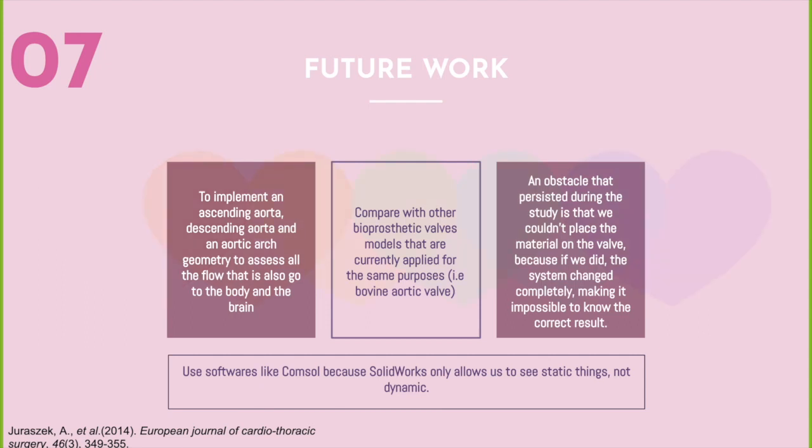For example, for the aortic arch, it's very important that we do not generate high shear stresses, although there is an area that has some shear stress, because the flow is going, for example, to the brain. And for the descending aorta, we need to see that there is also a pattern that correctly delivers the oxygen to all the body.